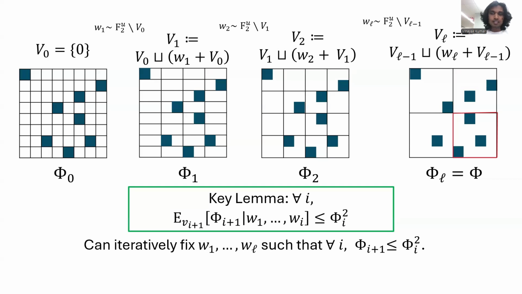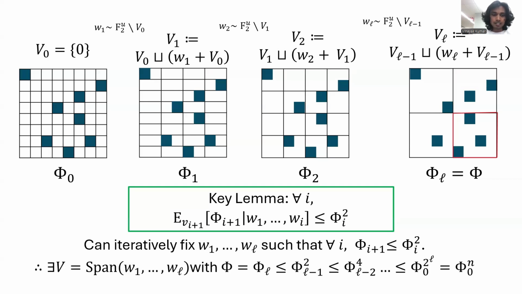This immediately gives us a bound, right? That means there exists some space V, which is the span of these L vectors, such that the final potential is at most the square of the penultimate potential, which is at most the fourth power of the potential before that, and so on and so forth, which is at most the 0th potential squared L times. And this is simply phi sub 0 to the n.